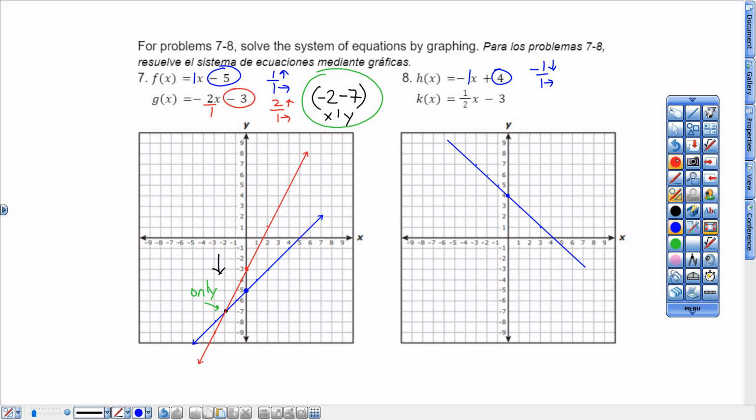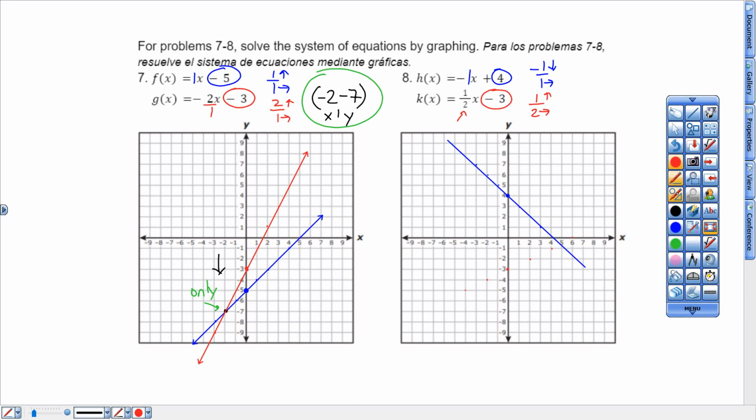All right, one in red, starting at -3. And now that number in front of x, that 1/2, that slope number, that rate of change, that ratio tells me right 2, up 1, right 2, up 1, right 2, up 1. Be able to stair step opposite way, down 1, left 2, down 1, left 2.